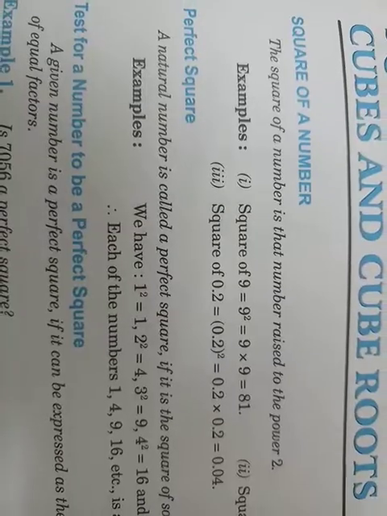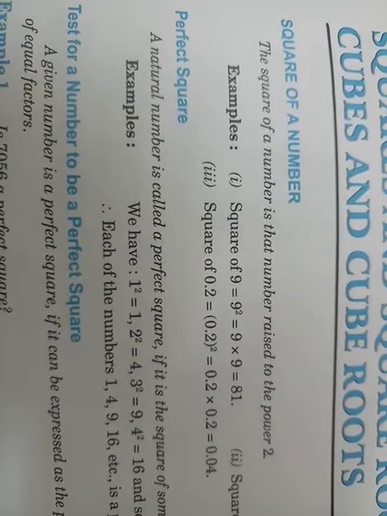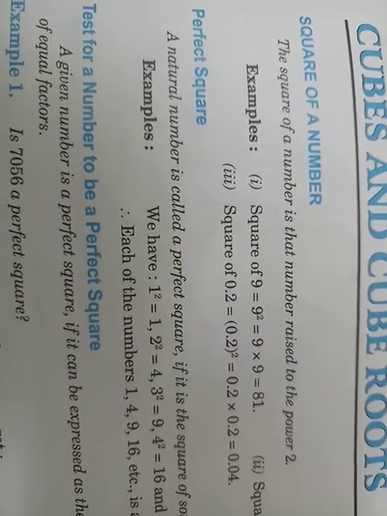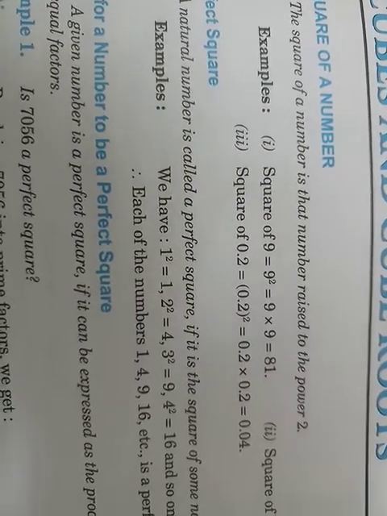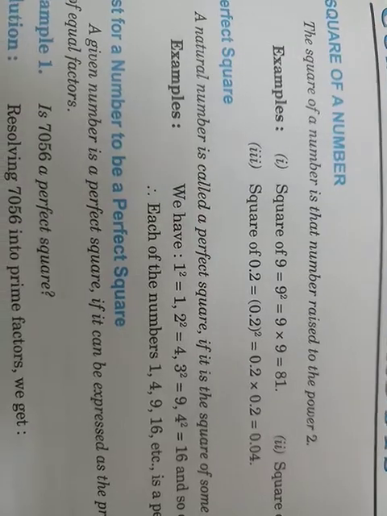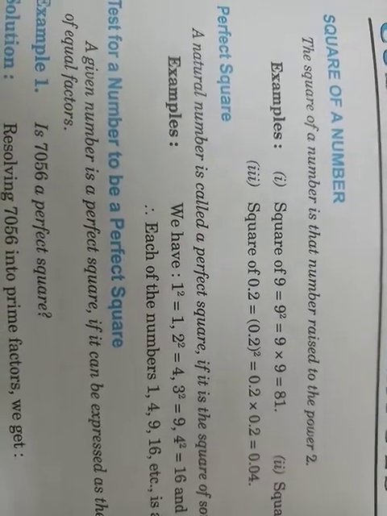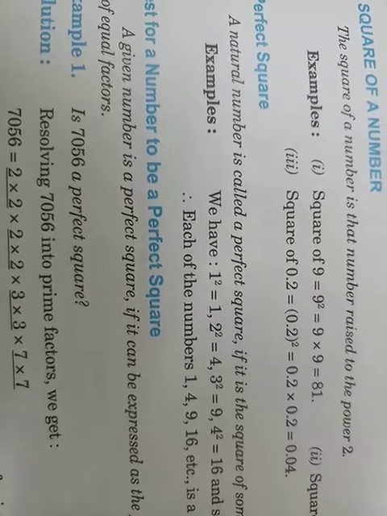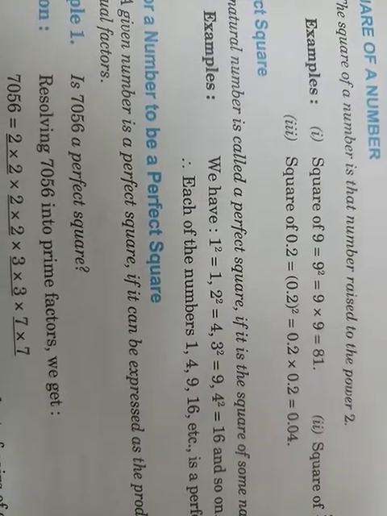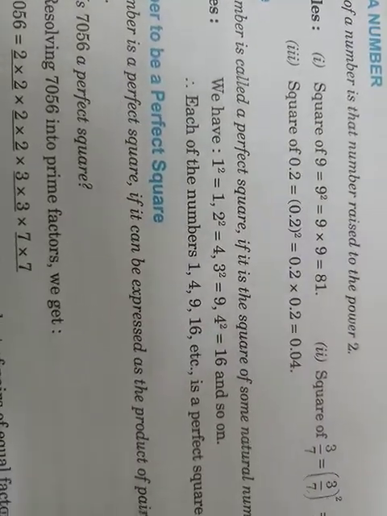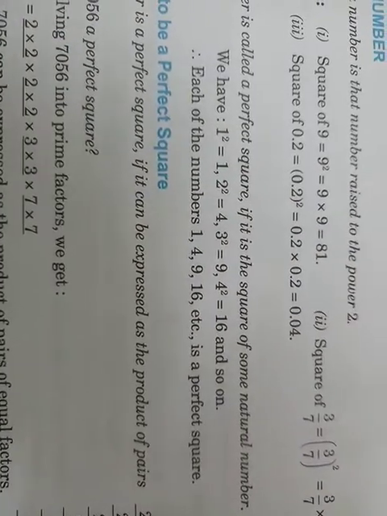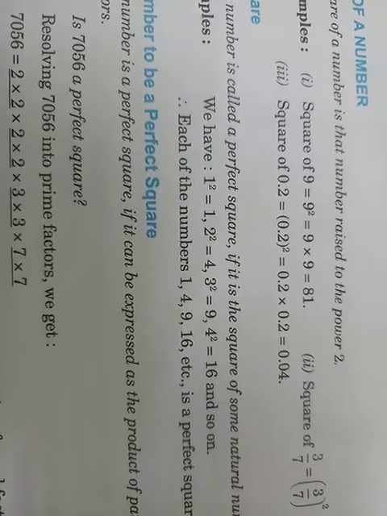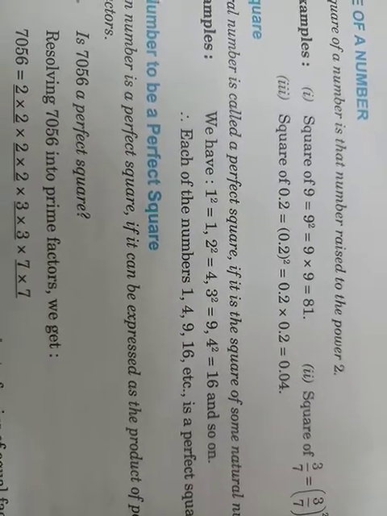Okay. So what we learned in square: the square of a number is the number raised to the power 2, that is the product of the number with itself. Perfect square: a natural number is called a perfect square if it is the square of some natural number, or we are looking for any number which when multiplied with itself gives you that number.